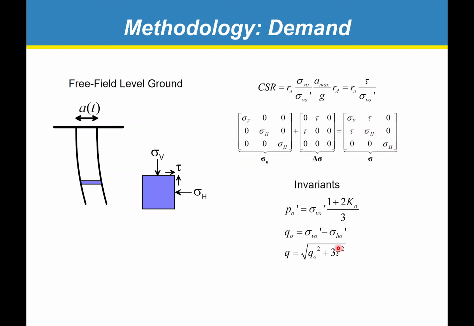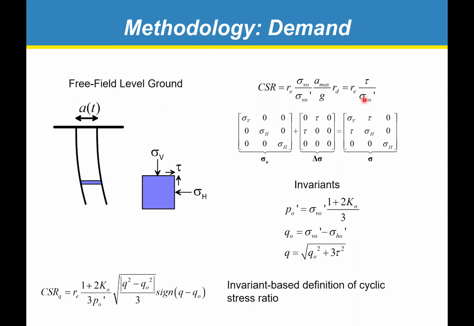So what we need to do now is solve for tau, plug it in here, solve for sigma V naught prime, plug it in here, and we will have our expression shown here for an invariant-based definition of cyclic stress ratio that is equivalent to the traditional CSR for free field wave propagation.